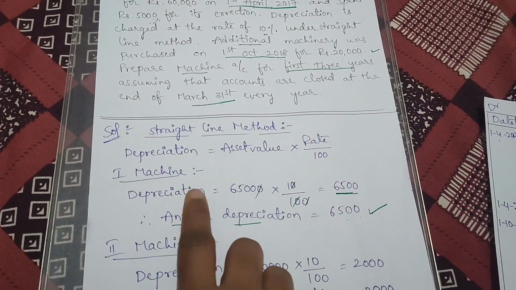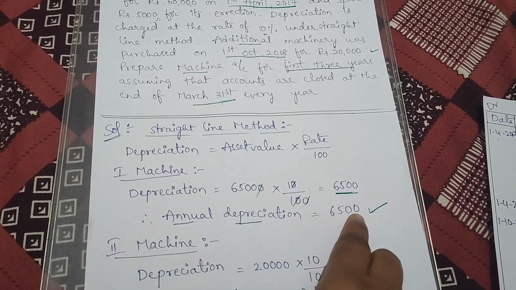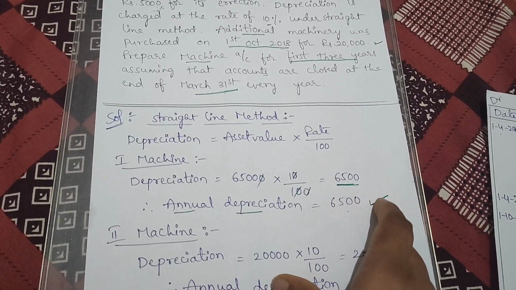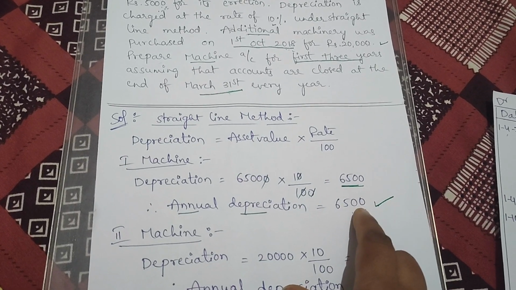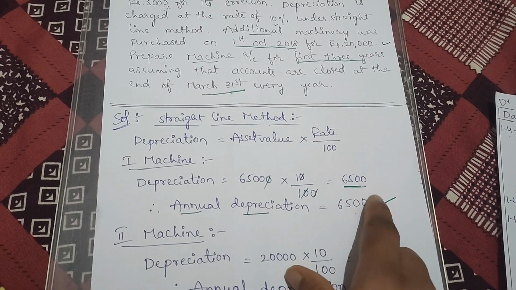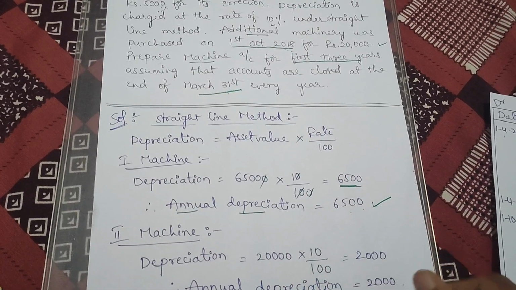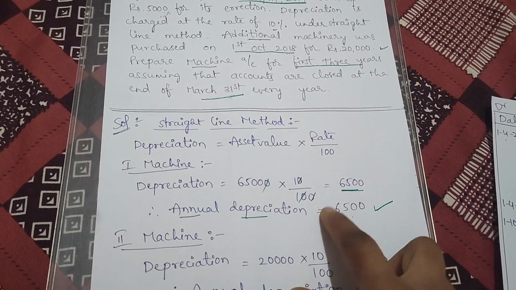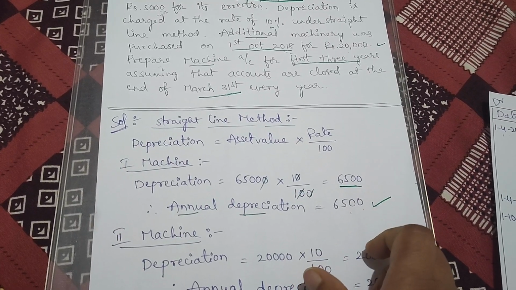In the straight line method, whatever depreciation we calculated in the formula will be taken every year if they use it for 1 year. If they use it for some months, we have to take 6,500 and calculate for those months. If the machine is used for 3 months in any year, it is 6,500 into 3 by 12.